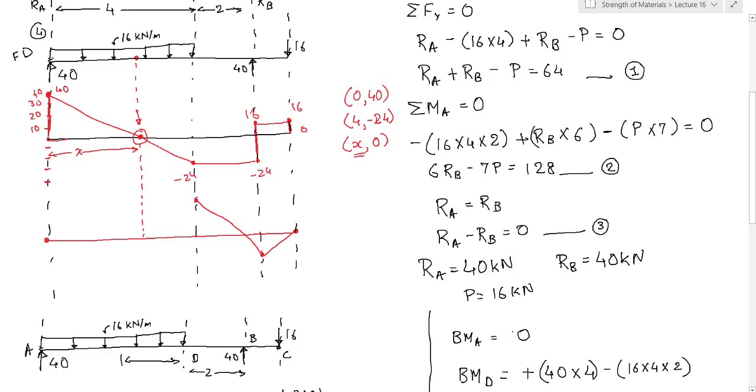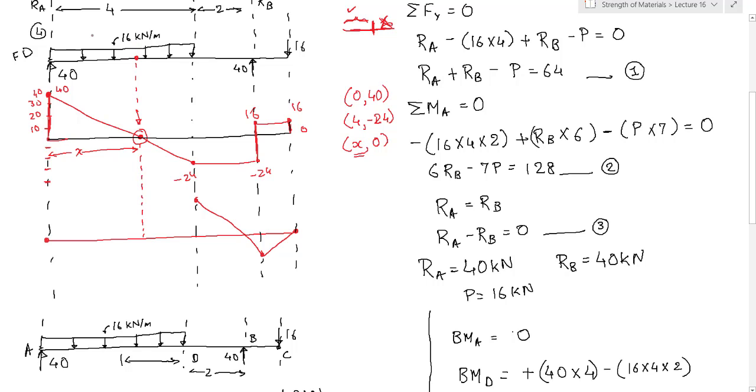There is 40 kilonewton acting vertically upwards, and only 2.5 meters of this uniformly distributed load is acting downwards. You have a big load, but we are considering only this much load now. We are not interested in the rest, so we will consider the load only till this point, right?